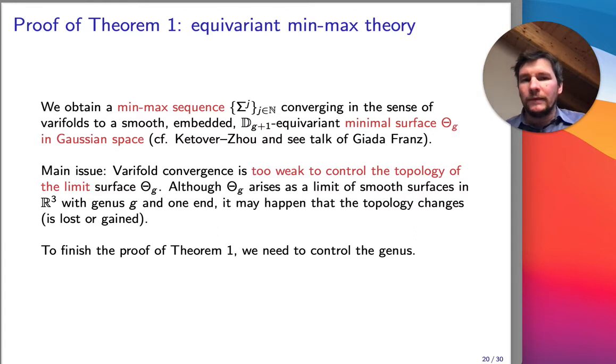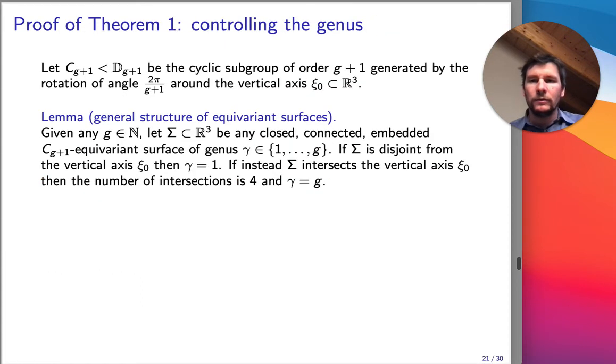We said already we can't control the ends. That's another artifact of this weak convergence in this min-max construction. But at least the genus we can control. So how do we do this? Okay, so let's now only look at the cyclic subgroup of the dihedral group. So that's the group of rotations around the vertical axis.